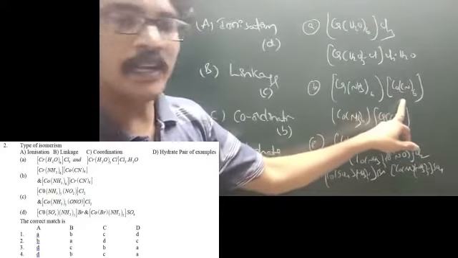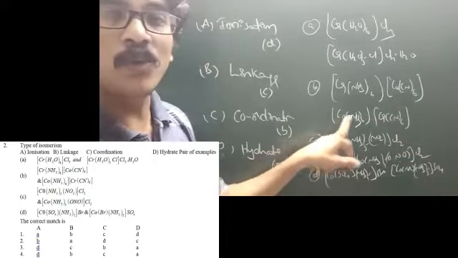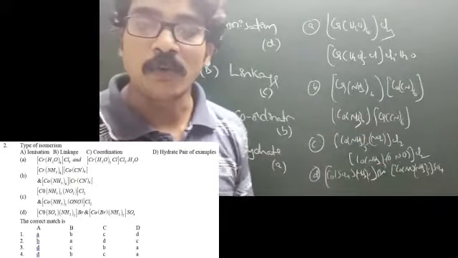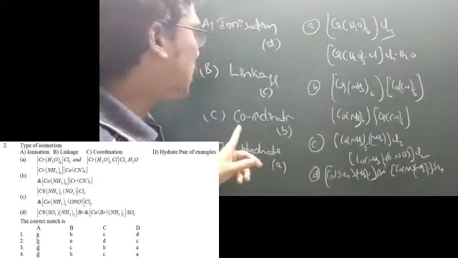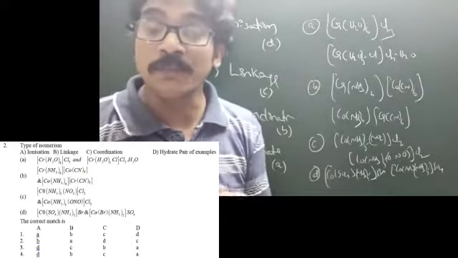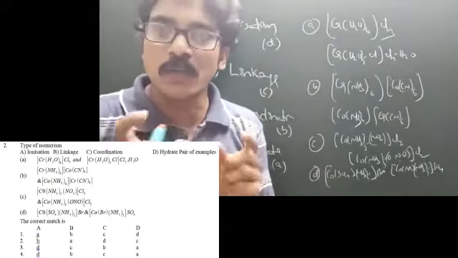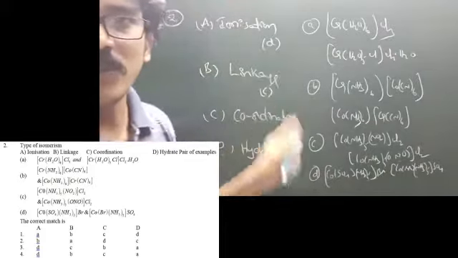But in the same formula, here cobalt is cationic and chromium is anionic. Therefore, when the coordination pair changes, they are called coordination isomers. Hydrate: same molecular formula but the water molecules inside and outside are different, and those are called hydrate isomers. So these are the answers.